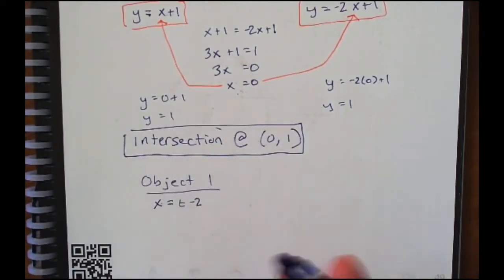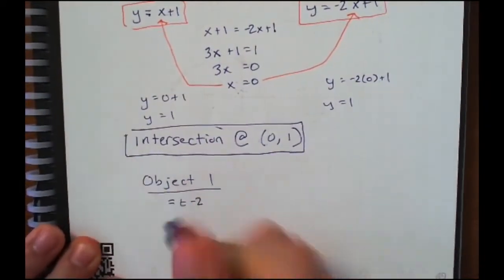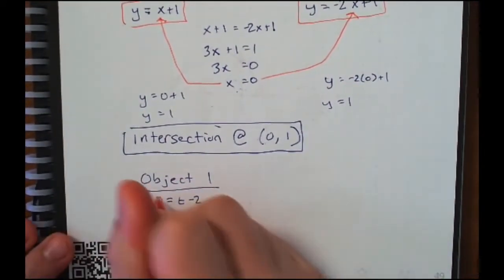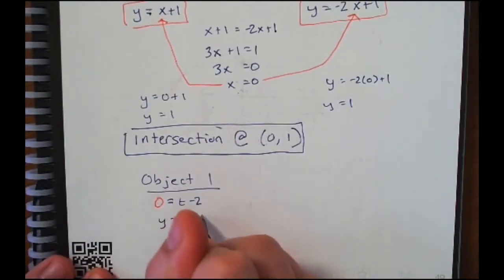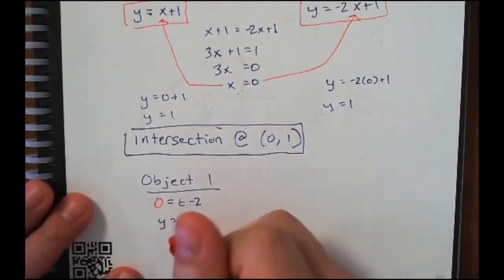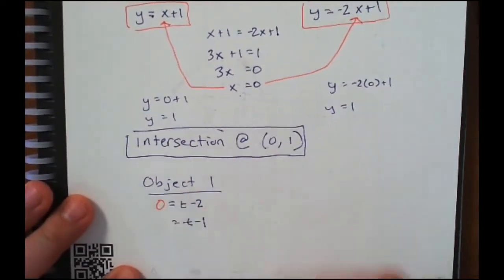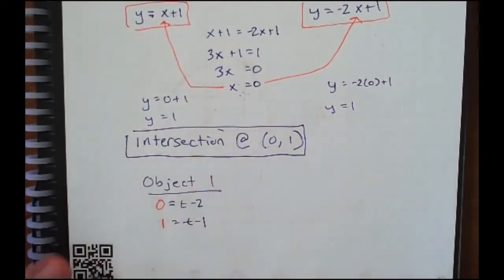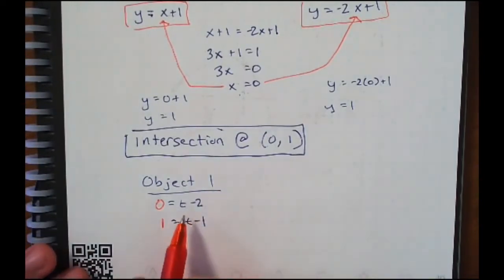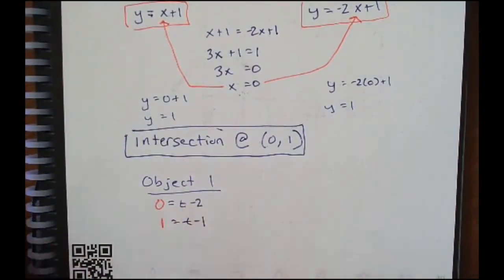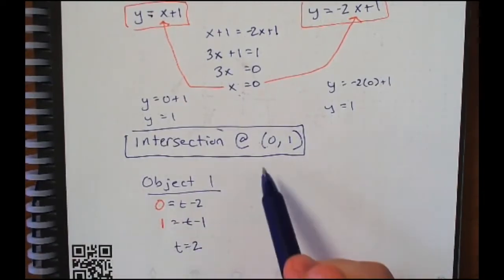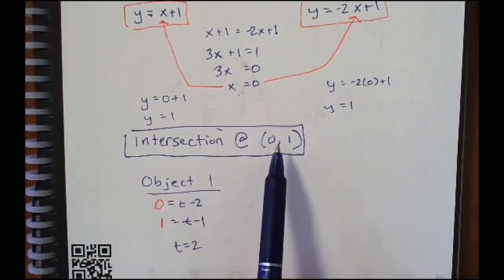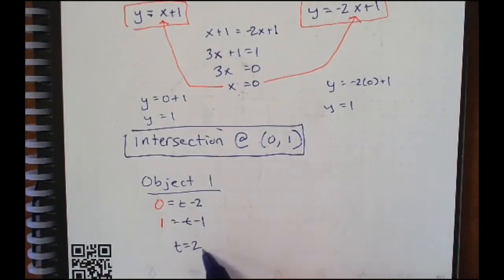So if x is 0, we're going to plug that in there. And the y is t minus 1, so the y should be 1. And assuming we did everything right, we should get the same t value here. So t is 2, t is 2. So object 1 reached the point (0, 1) at the time t equals 2.